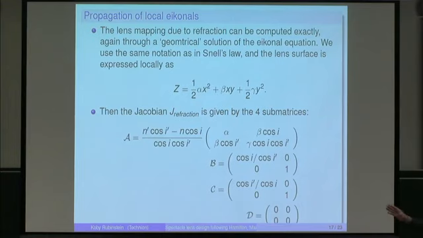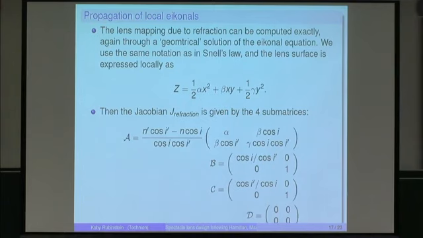So the equations for A, B, C, and D are what go beyond Snell's law. This is beyond Snell's law for the quadratic part of the waveform, not just for the linear part, which is the classical Snell's law. This is the heart of the computation. This formula tells you how to compute the lens transfer or the point eikonal beyond a given refractive surface.